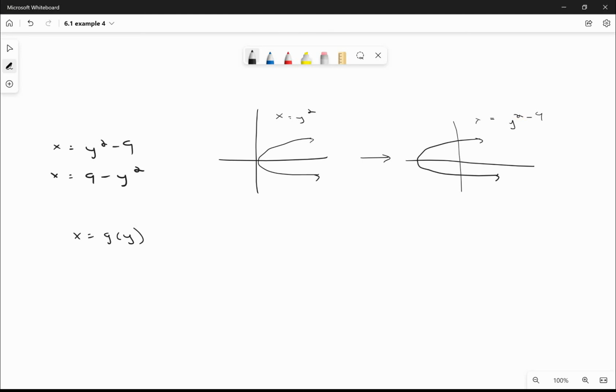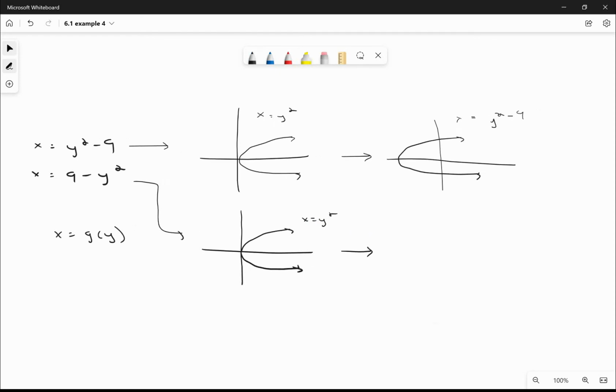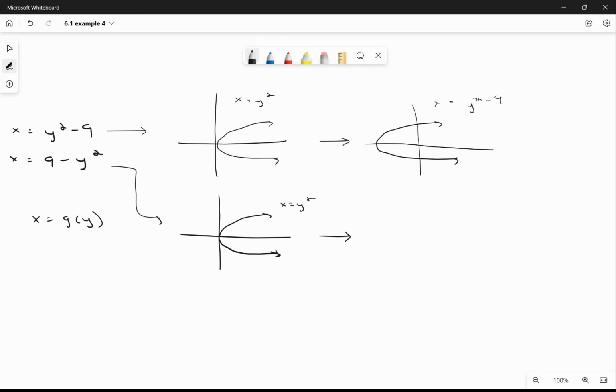And then if we want to graph this second curve, again, this is a transformation of x equals y squared. It has a -1 as the coefficient of y squared, so this is going to flip it over the y-axis. If we wanted to graph the curve x equals -y squared, that would look like this.